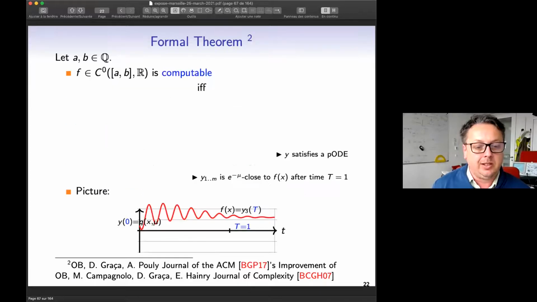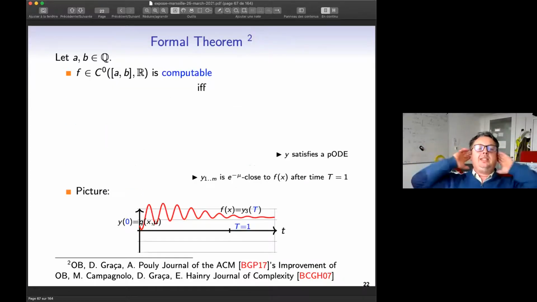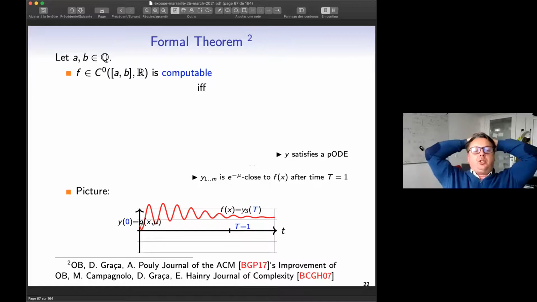If you want something formal, this is the theorem. Here I'm considering functions over the reals.